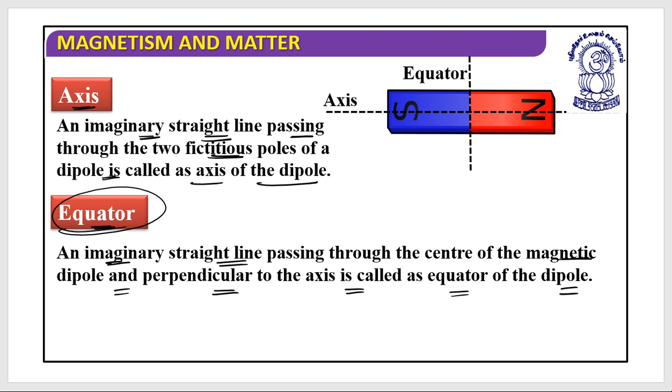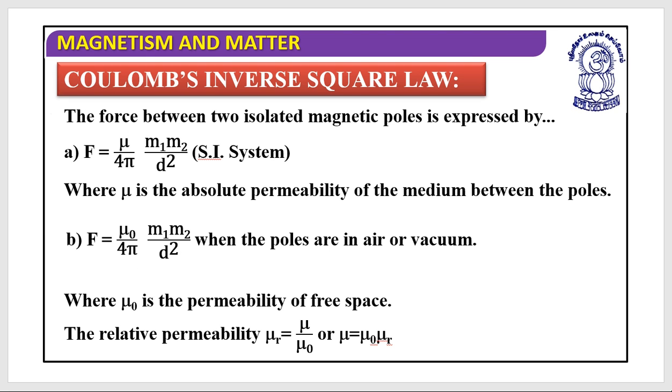Yes. Great. Now, as we have Coulomb's inverse square law for electrostatics, in the same way we have Coulomb's inverse square law for magnetism as well. So suppose two monopoles, two isolated magnetic poles, are there, one of them m1 and the other m2. The distance between these two monopoles is d.